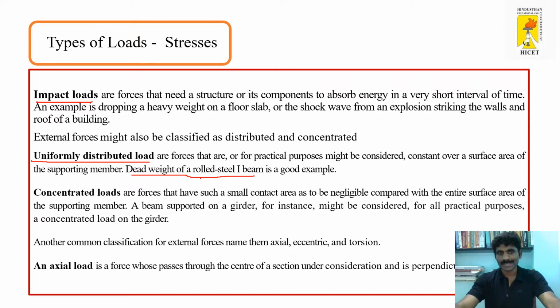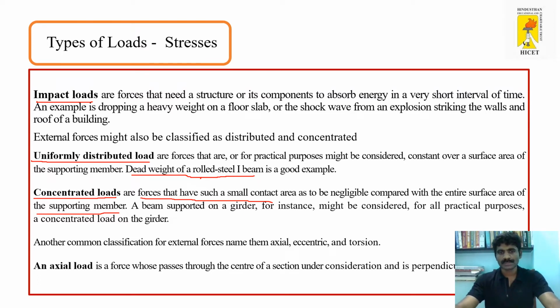The next type of load is a concentrated load. What is this concentrated load? These are forces having such a small contact area as to be negligible compared with the entire surface area of the supporting member. So what does it mean? It is concentrated. It is only focusing on a very small area of the supporting member.